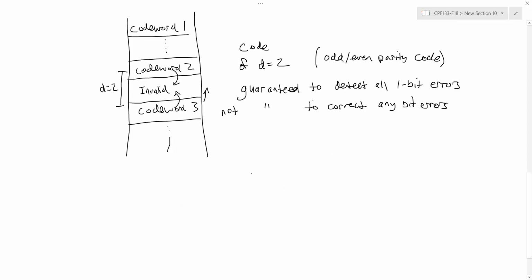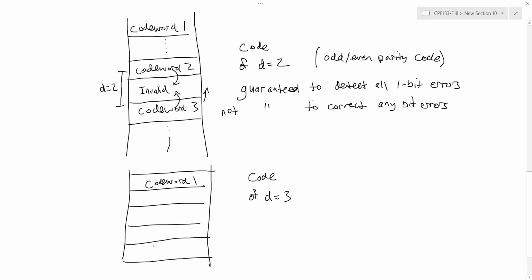Now let's say I had a code of distance 3. So let's actually do an example of a code of distance 4. So to change any code word into another one, I have to move 1, 2, 3, 4 positions.